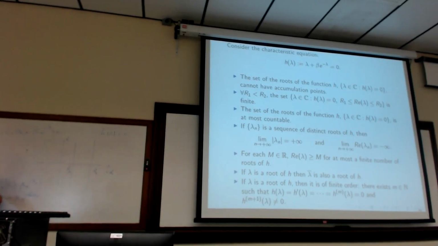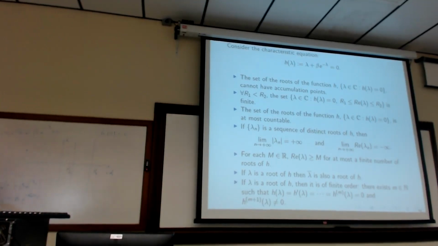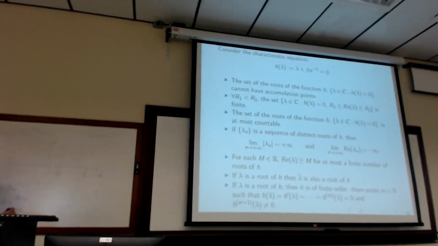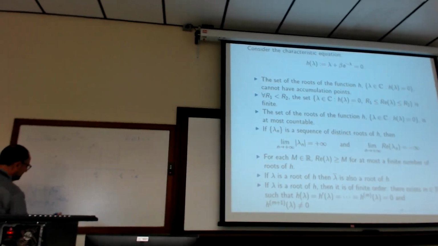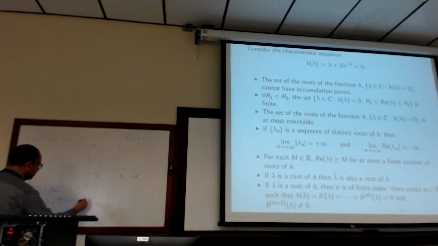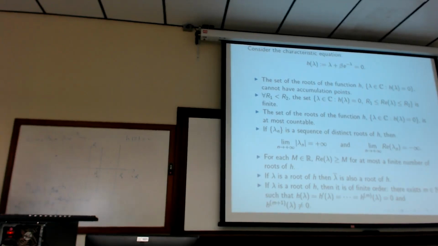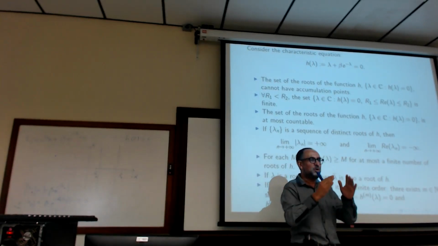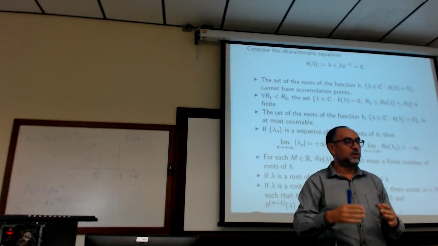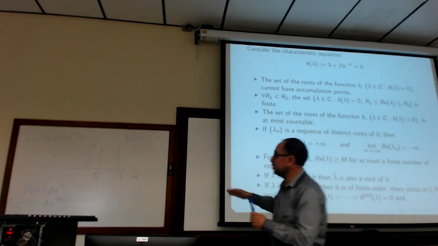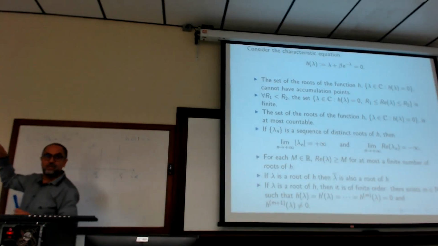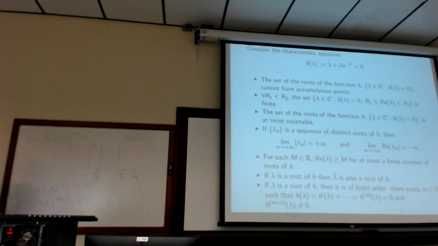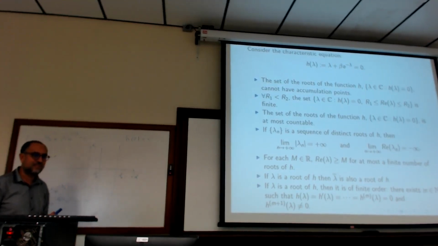And if this goes to plus infinity, that means this will go to minus infinity. Okay, it's very easy to prove. This is important. That means if you have an infinite number of eigenvalues, the real parts will have accumulation at minus infinity and not at plus infinity.